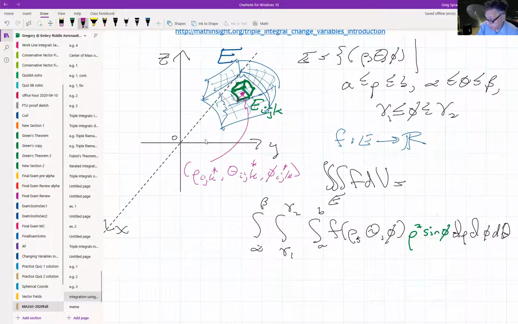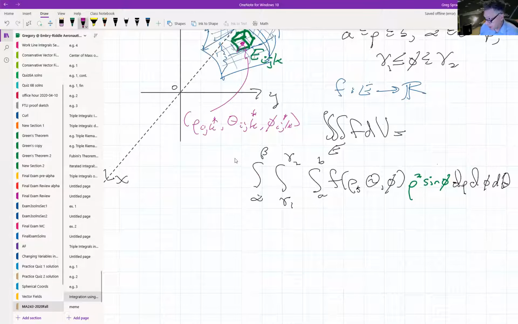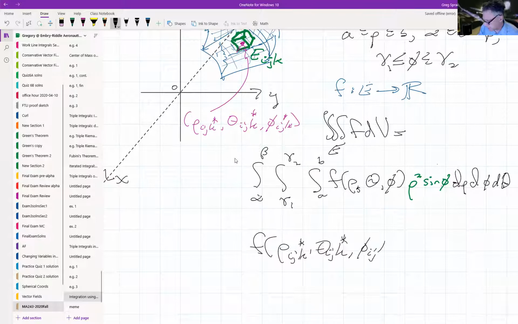So we sample the function at each sample point, multiply by the volume of EIJK, and add up those sums and take the limit as the subdivision gets smaller and smaller. So take f of rho IJK star, theta IJK star, phi IJK star times the volume of EIJK.